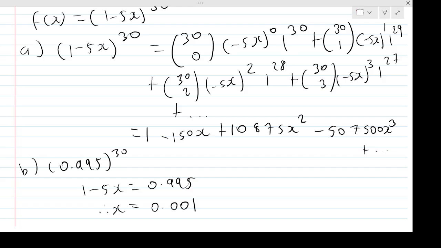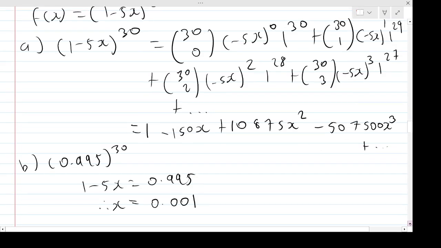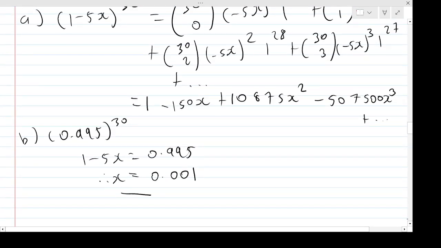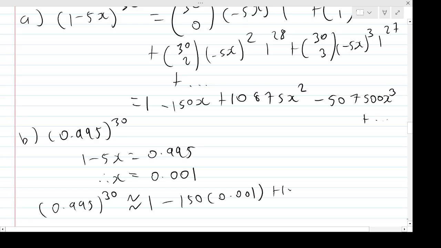So that's the value of x, and I'm going to plug it into here. Cool. And hopefully you can see that this is a really good value of x to pick because it's very, very small. So this will give a good approximation, right? Therefore 0.995 to the 30 is going to approximate to these four terms when x is this. So I'm going to get 1 take away 150 of 0.001, add 10875 of 0.001 squared.